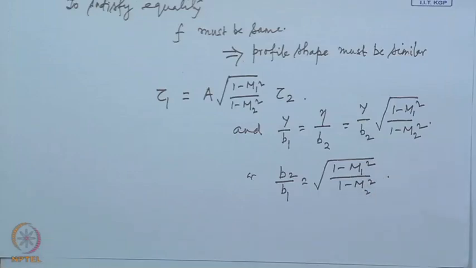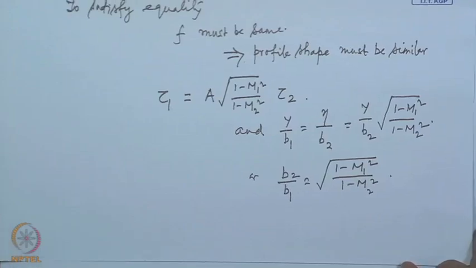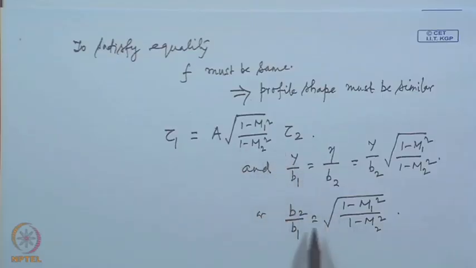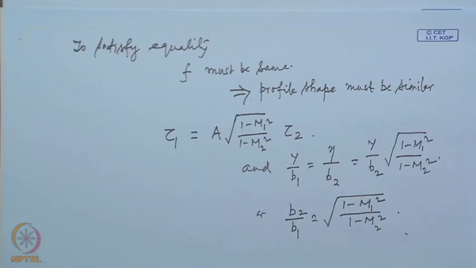So, you see that the phi 2, the transformation that we have applied, will satisfy another potential flow over a body which has same profile shape, whose thicknesses are related by this relation and whose span are related by this relation.